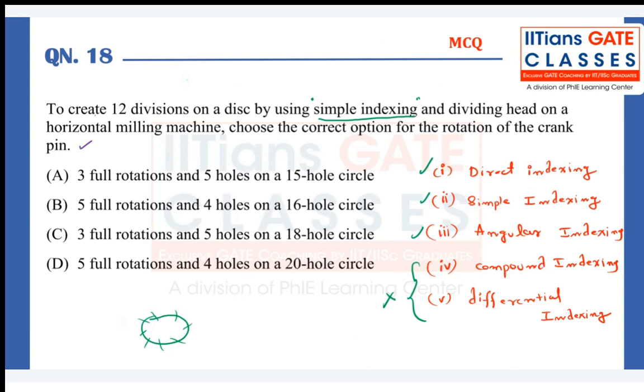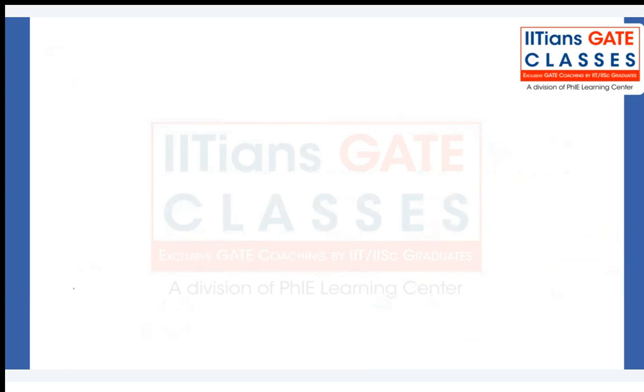Now here, create 12 divisions on the disc using a dividing head on a milling machine, and find the corresponding rotation of the crank. Let us go for simple indexing. For simple indexing, the crank rotation can be calculated as 40 by N, where N is equal to the number of divisions required.